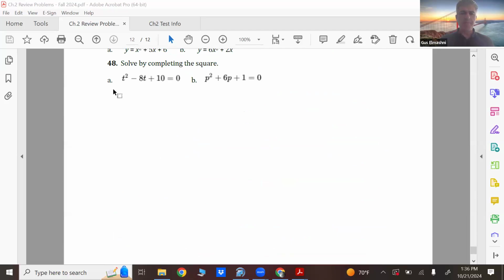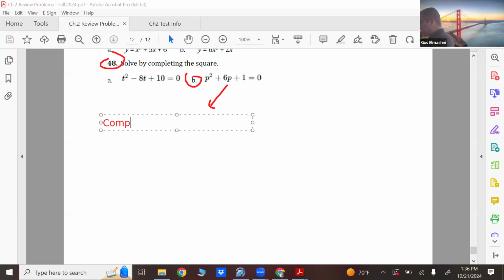Okay, let's look at part B. Okay, let's look at the last one because this is a repeat. So I can ask it 2 ways. Complete a square. So that's number 5. Rewrite a quadratic equation in vertex form by completing the square.